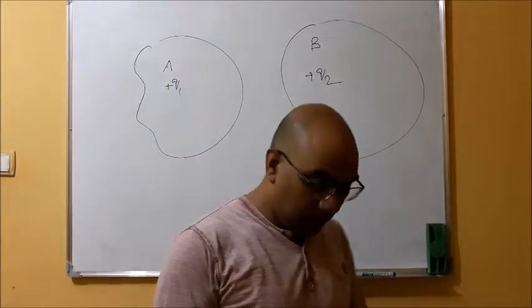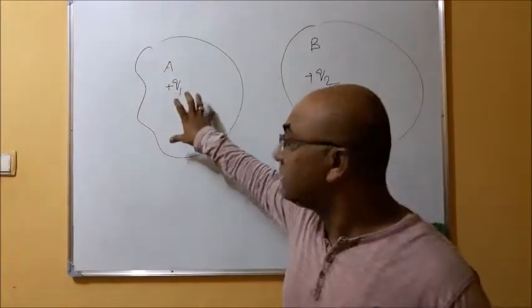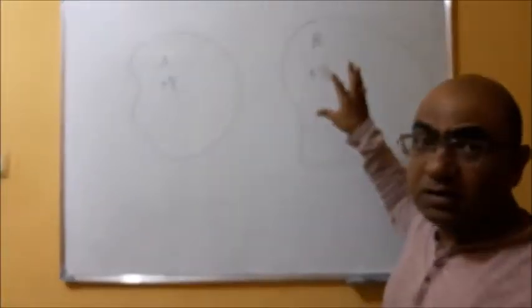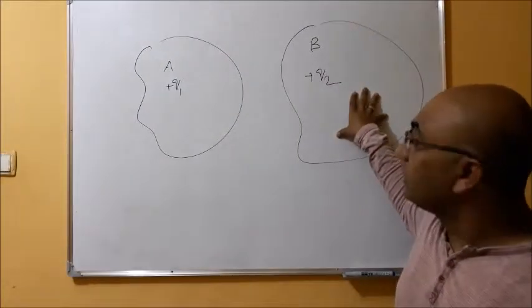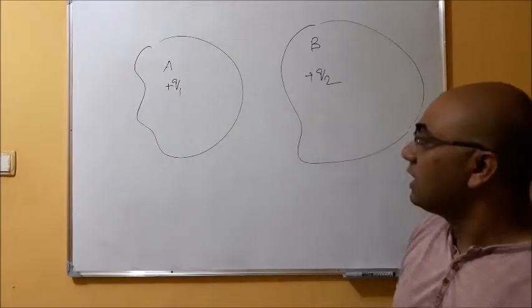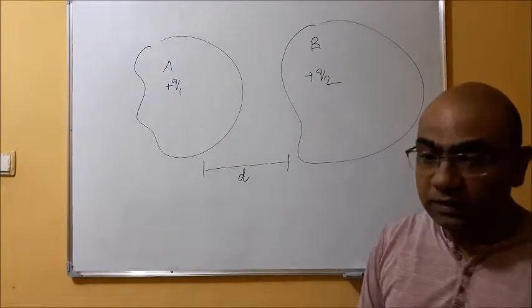So what will happen if we have two conductors, or we can say any metal surface having the charge Q1 and another surface or a conductor having a charge Q2? Both the surfaces are placed at some distance, suppose D.